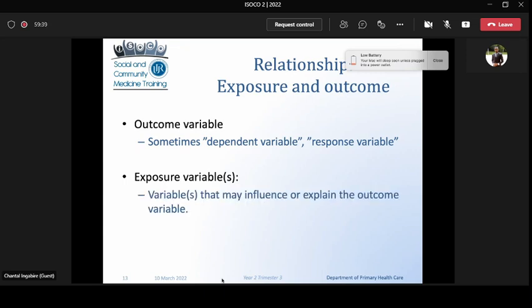And when we talk about the exposure variable, we talk about those variables or factors that explain the outcome variable.